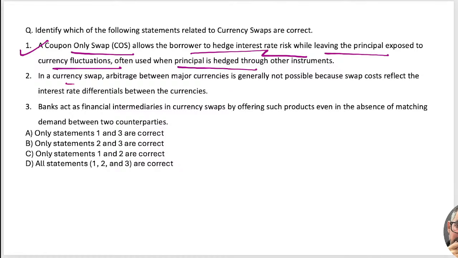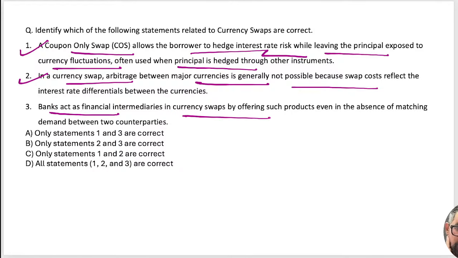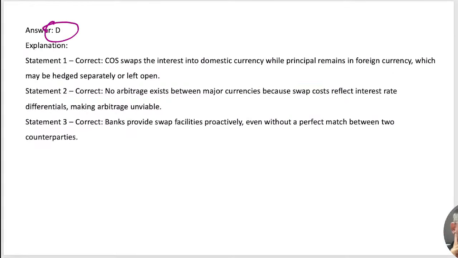The second one, currency swap arbitrage between major currencies is generally not possible because swap cost reflects the interest rate differential. True. The next one is banks act as financial intermediaries in currency swap by offering such products even in the absence of matching demand of two counterparties. This is also correct, right? Option D should be the right answer for this particular one. Why are you guys not answering? What happened today, guys?